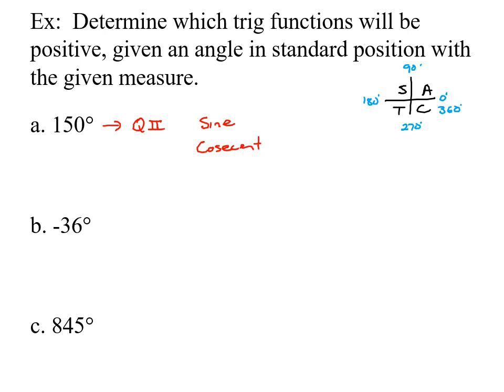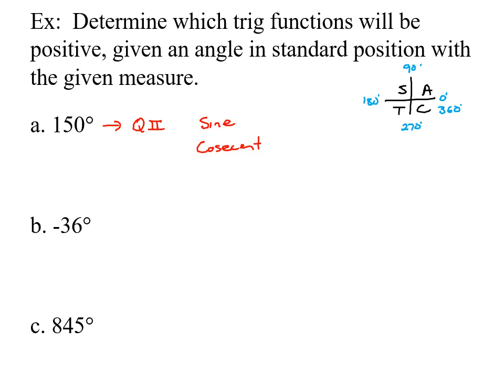Now sometimes your angles aren't in the right format, I guess. They give you a coterminal angle that's not on the chart, like negative 36. Negative 36 is not between 0 and 360. So, because of that, you have to add 360 to it to get it to the correct format.